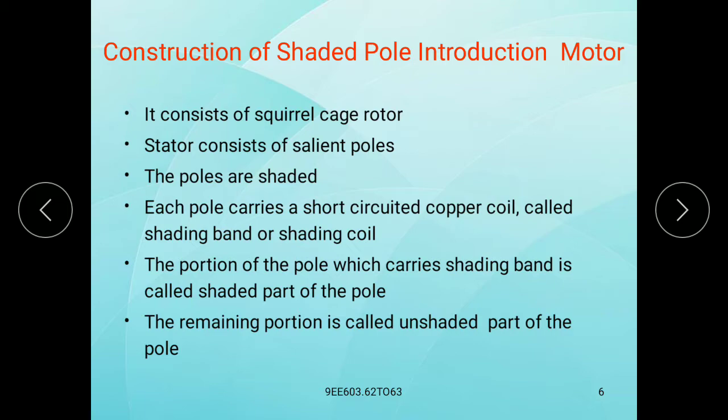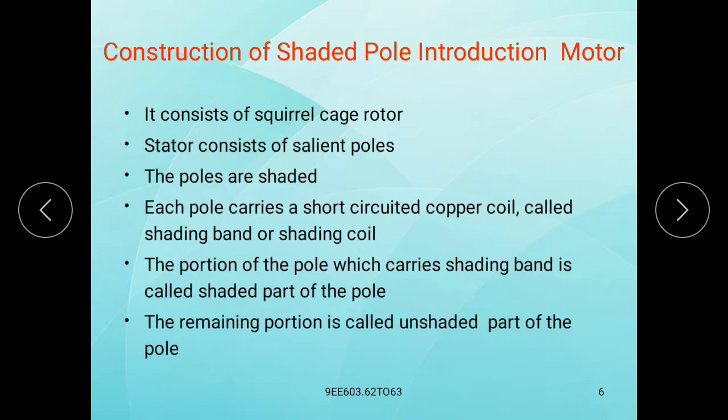Once again I am repeating. It consists of a squirrel cage rotor. The stator consists of salient poles. The poles are shaded. Each pole carries a short circuited copper coil called a shading band or shading coil.